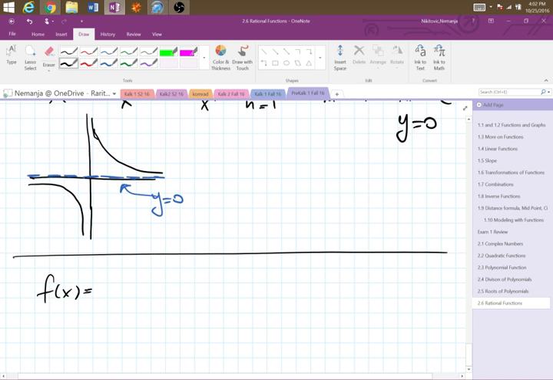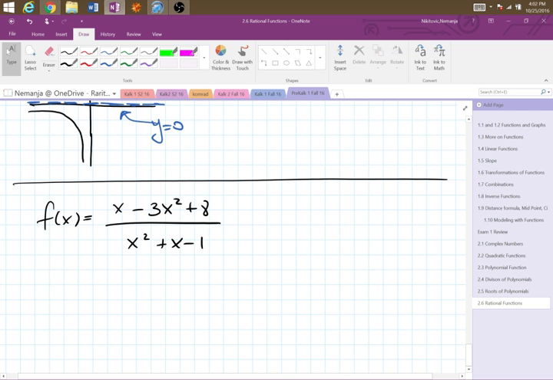f of x equals x minus 3x squared plus 8 divided by, I don't know, x squared plus x minus 1. What can you tell me about this problem? Very good. If you carefully observe, the leading term is buried in the middle.